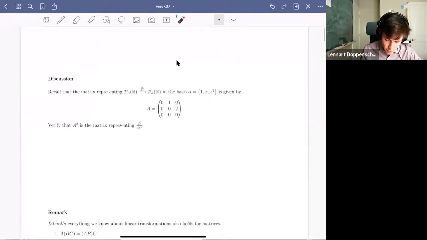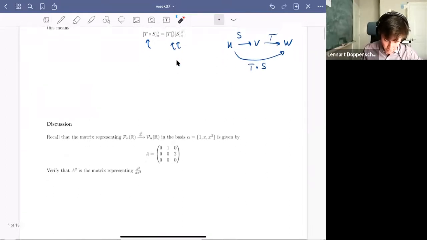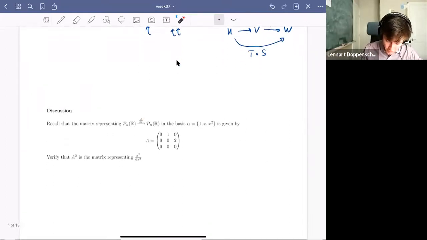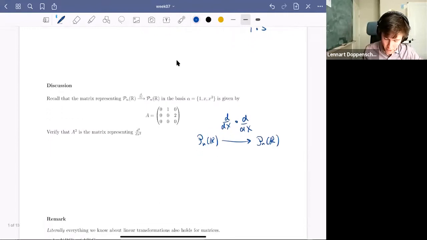And now if you apply the above statement, you should verify that if you compose this with itself, so if you do d by dx and then you compose this with d by dx, this will be another transformation going from polynomials to polynomials. And I want you to verify what the matrix of this is.